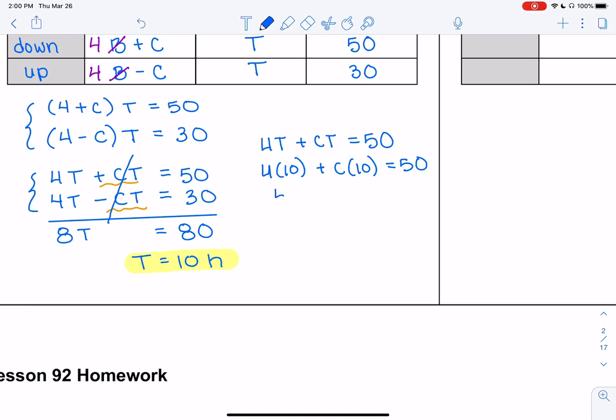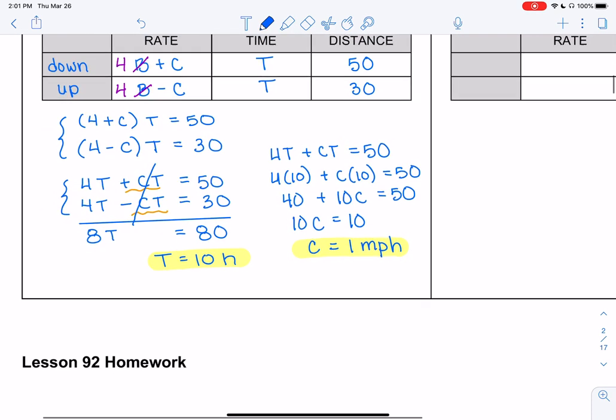So 4 times 10 is 40 plus 10c equals 50. Subtract the 40 over, and it looks like my current is just 1. This was in miles per hour for my rate given in the book. So my current is traveling at 1 mile per hour. All right, that is question A.